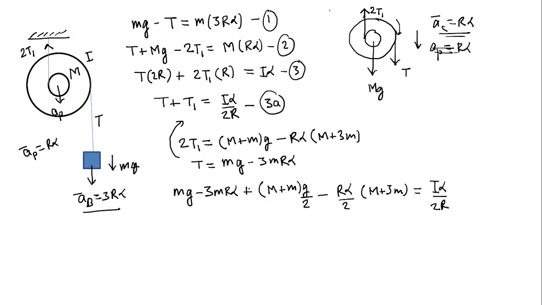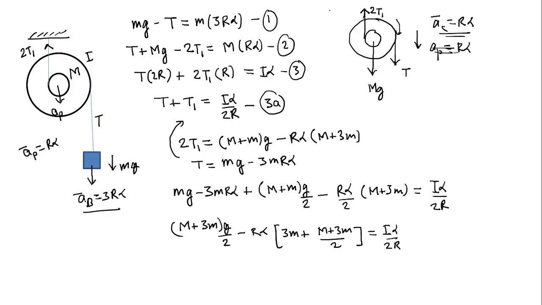If you reorganize it a bit, then you get (M plus 3m)g by 2 minus r alpha times (3m plus (M plus 3m) by 2) is equal to I alpha upon 2r. Okay. So now you see r alpha you can write out.